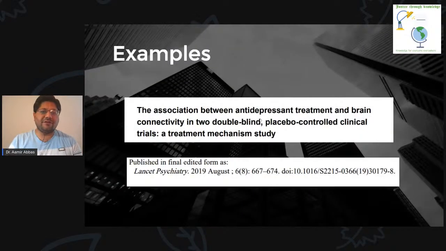So this is a study which was published in Lancet Psychiatry, and I'm going to put the link of this study in the description as well if you want to go and study this paper in detail. The title of the study is to check the association between antidepressant treatment and brain connectivity in 2 double-blind placebo-controlled clinical trials, a treatment mechanism study.